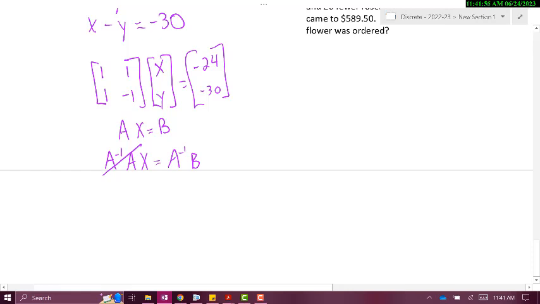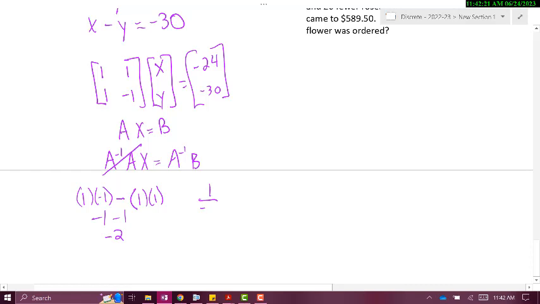It's only 2 by 2, nothing too crazy. Good review. So we've got to find the determinant first. So it's 1 times -1 minus 1 times 1. So we got -1 minus 1 is -2. It's not too bad.